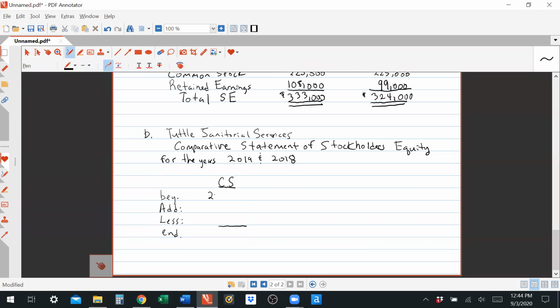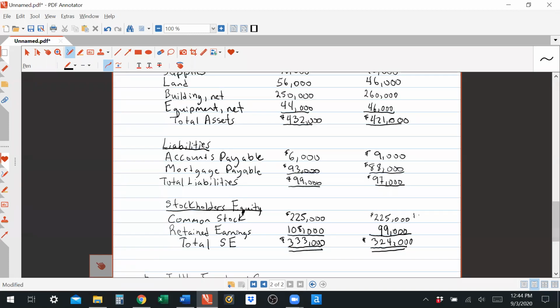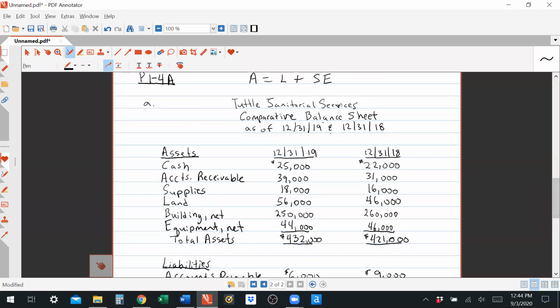So common stock began the year. Oh, I should change this. For the year 2019, there's only 1 year the statement of stockholders' equity is covering. It began the year with 225,000. So at the end of 2018, beginning of 2019, there's 225,000 in stockholders' equity. This number. And then it ended the year 12/31/2019, right here.